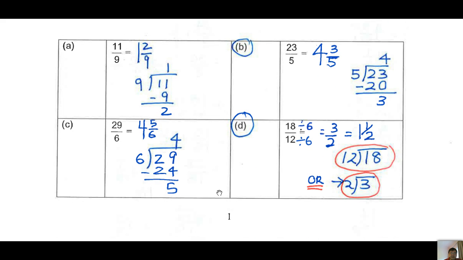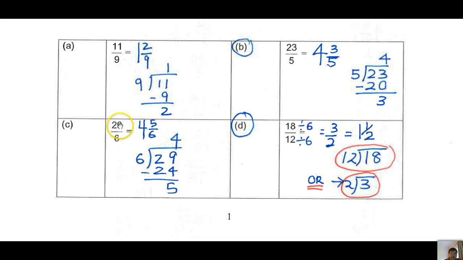For this case, your answer must be in the simplest form, to convert an improper fraction into a mixed number. A mixed number means there is a whole and there is a fraction. In order to find this, one of the faster ways is to take 11 divided by 9.